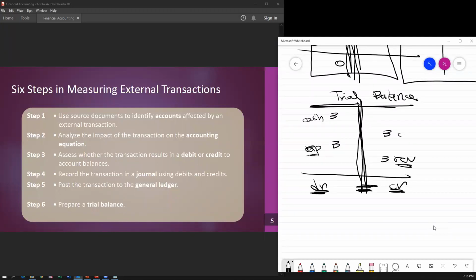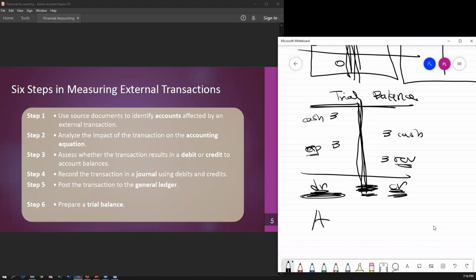So what we're doing with the trial balance is making sure that all the debits that we reported for journal entries throughout the period equal the sum of all the credits that we reported for journal entries. This is another way to make sure that your journal entries are correct.